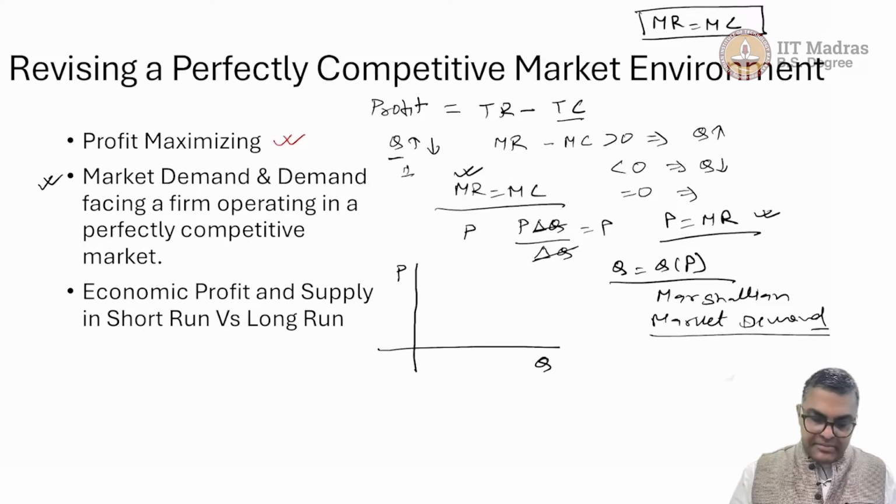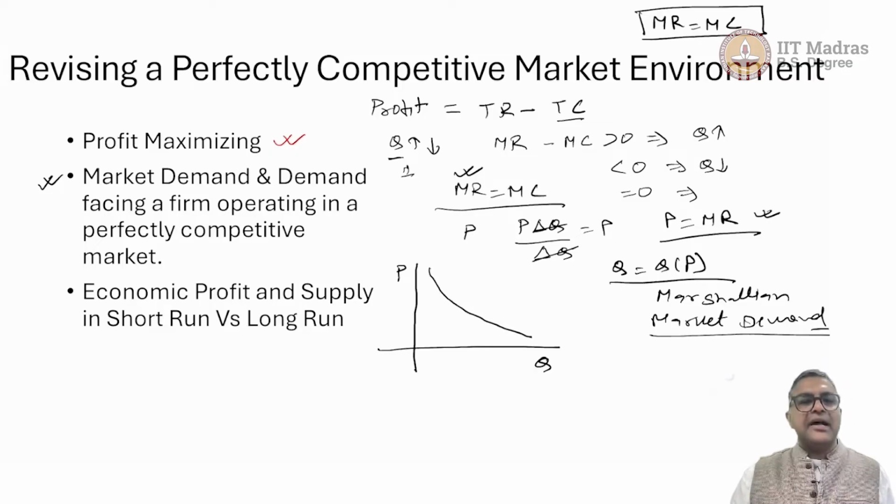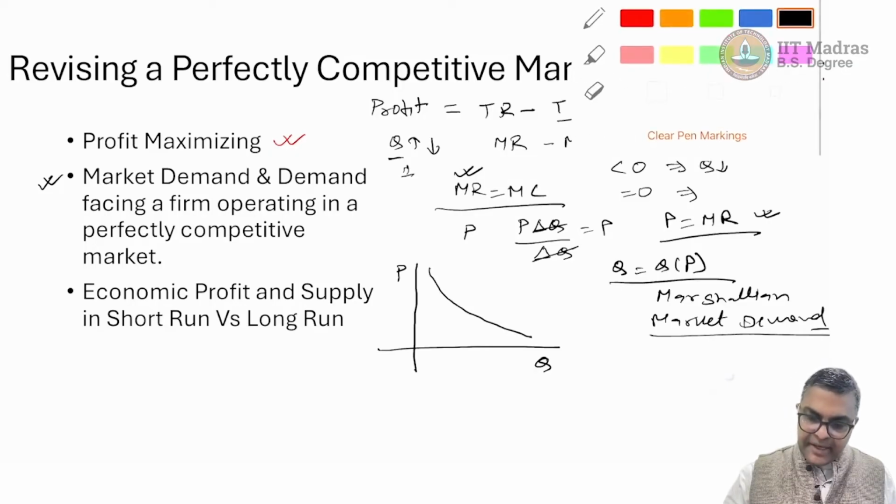In a perfectly competitive market environment, all suppliers are price takers. So, the difference is on the supply side; there is no difference on the consumer side. Market demand is still a downward sloping curve, and that is the same in both cases.